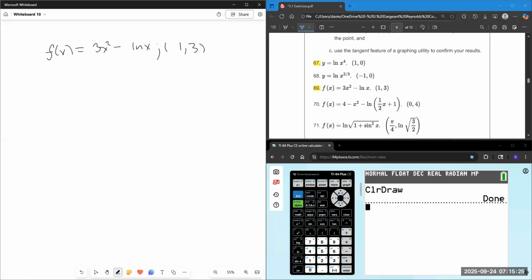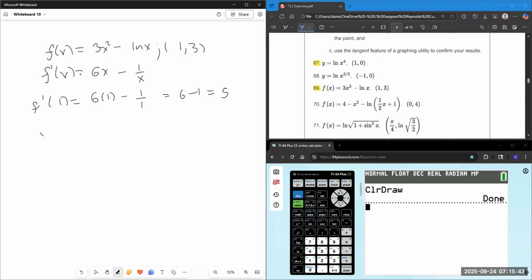So f prime of x is equal to 6x minus 1 over x. f prime of 1 is 6 times 1 minus 1 over 1. 6 minus 1 is 5.